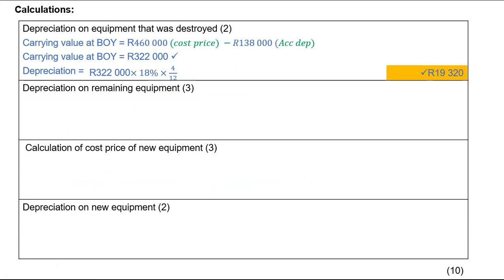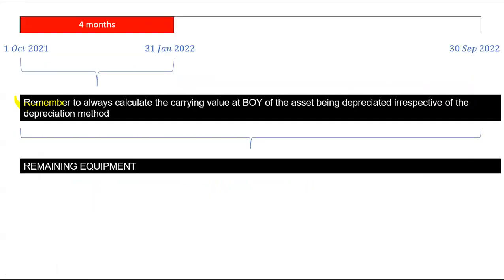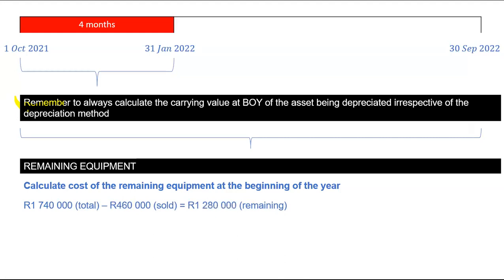I was supposed to do it here. I hope that makes sense. Now we're done with cost price.